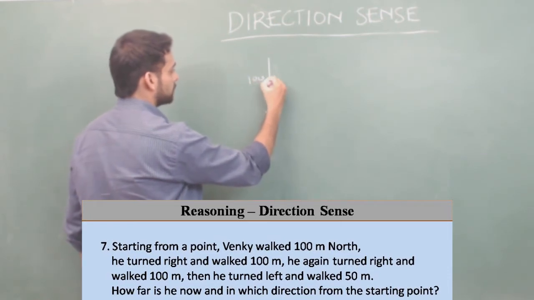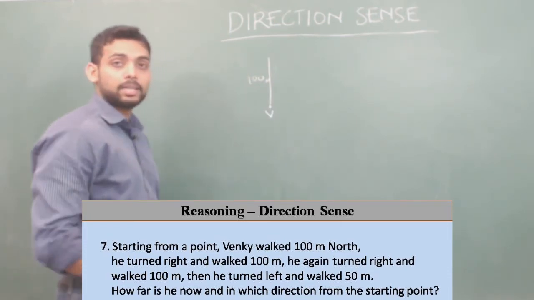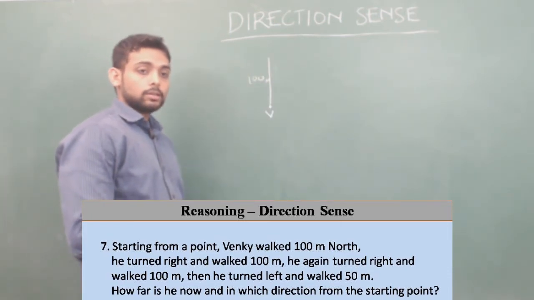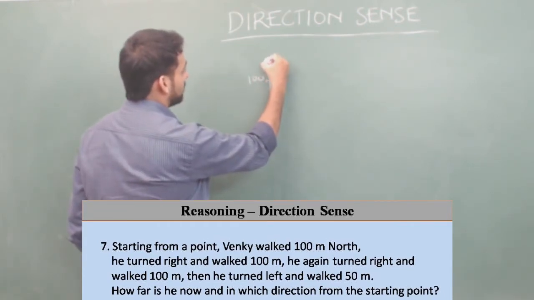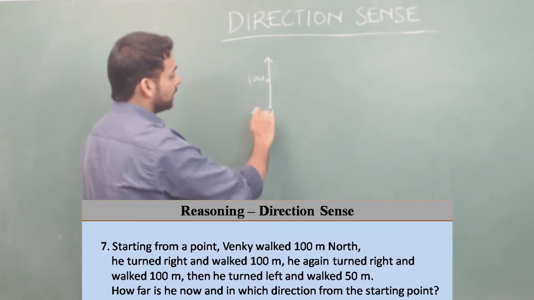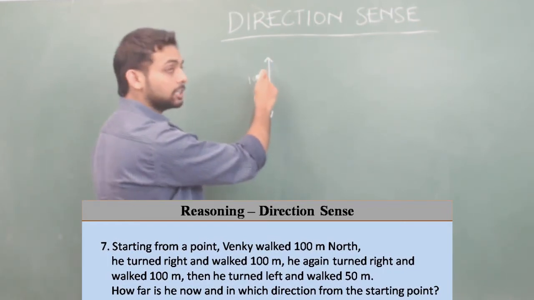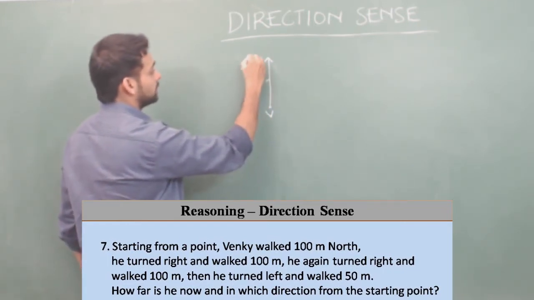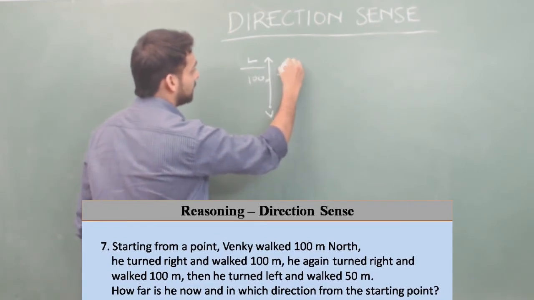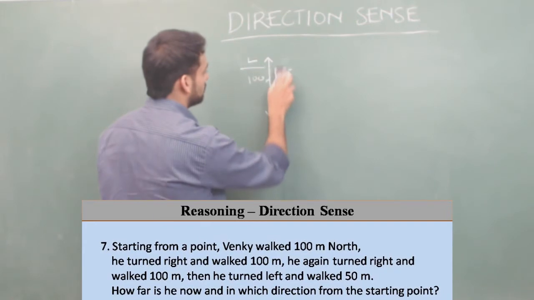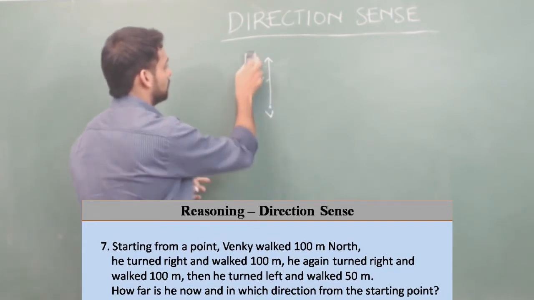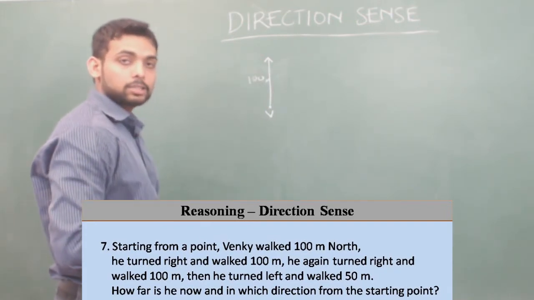Then he turns right. So now Venki is facing the north and he is walking. This is his left and this is his right. So what does Venki do?